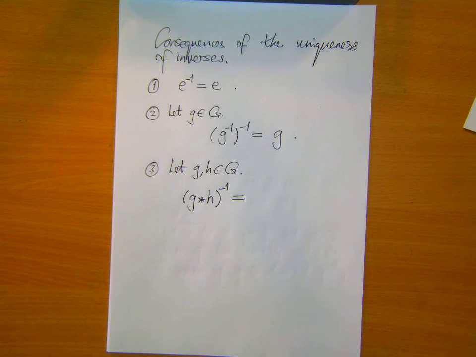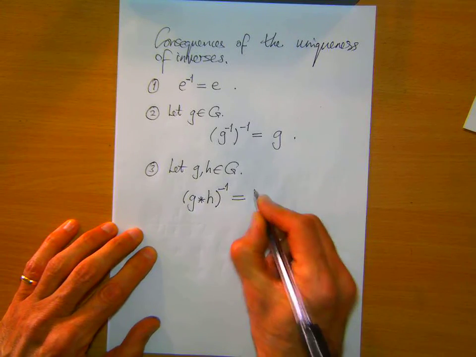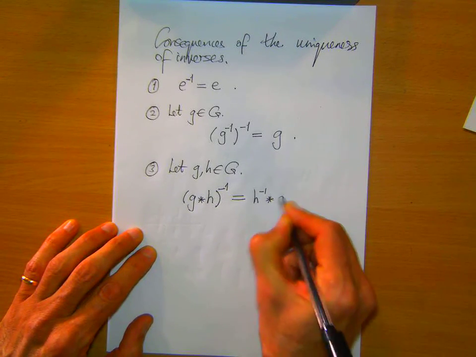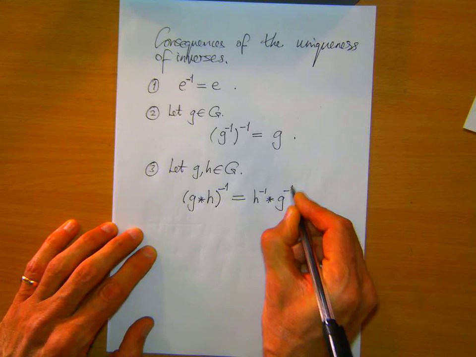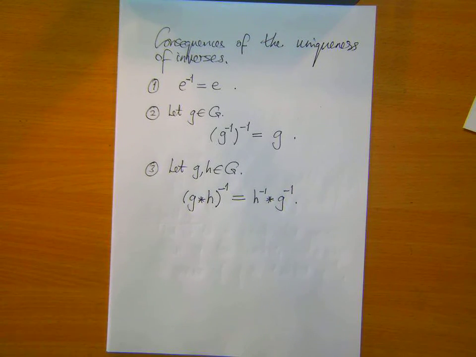You should have seen this for matrices in year 1. Well, it's actually the product of the inverses, but in the other order. It seems that you might have forgotten that, but that's certainly true of matrices. Well, it's also true of numbers.